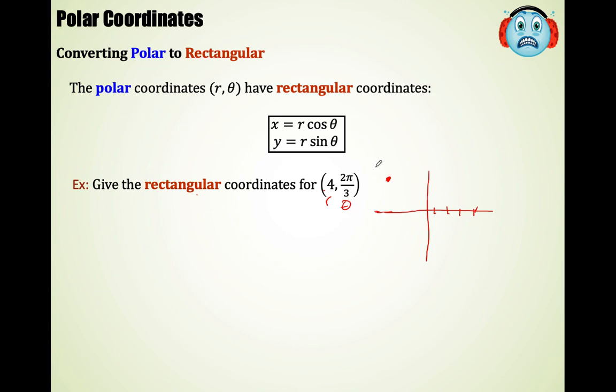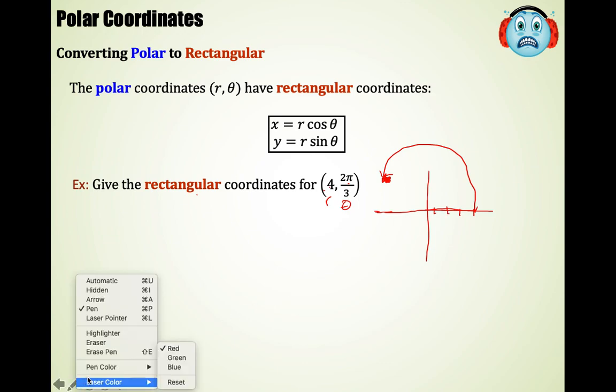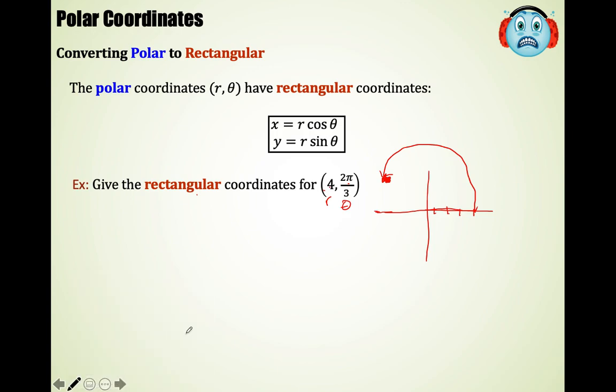So this point is in polars 4, 2 pi over 3. I went out 4 and rotated 2 pi over 3 radians, and I got right here.